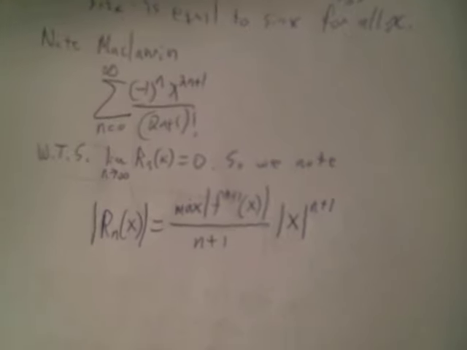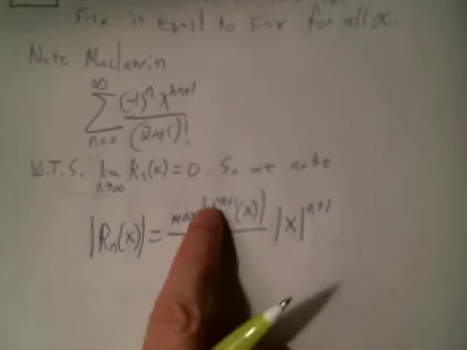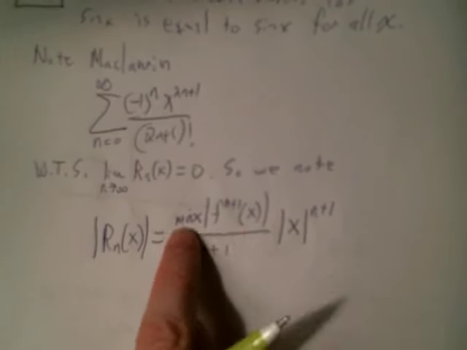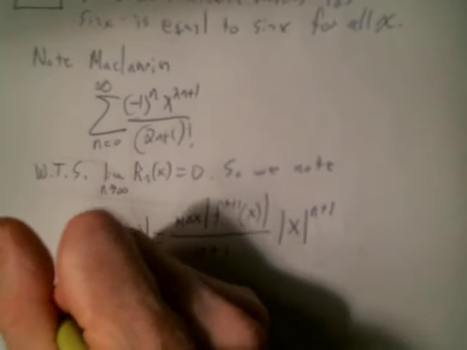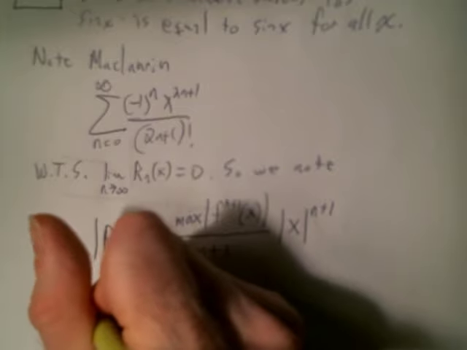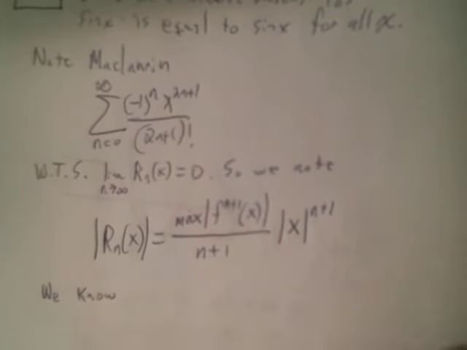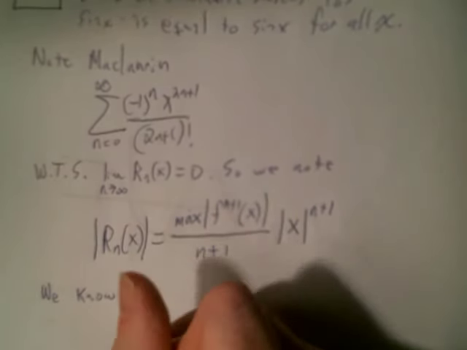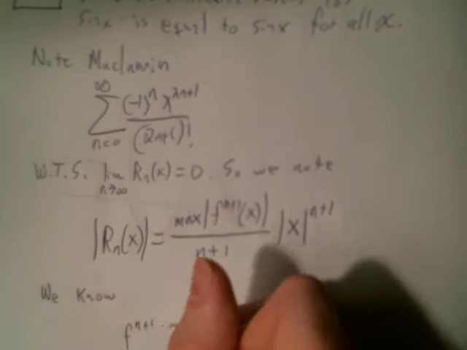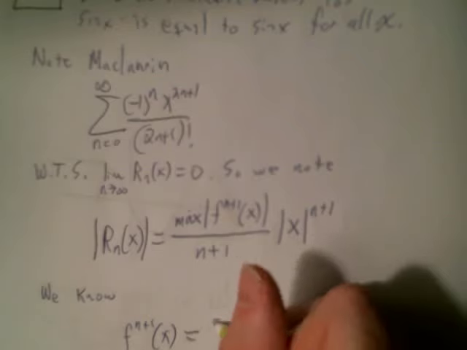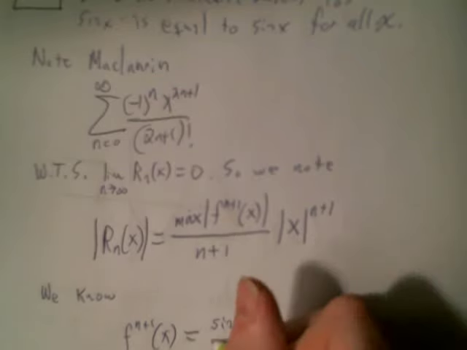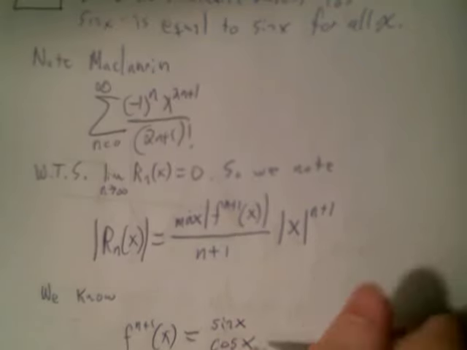Okay. So to work with this, the first thing we want to eliminate is this numerator here. We can do this because the (n+1)th derivative of sine is going to be one of four things: negative sine, negative cosine, sine, or cosine.